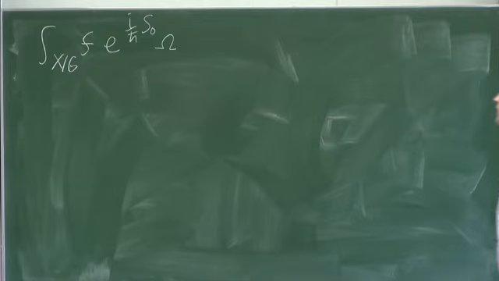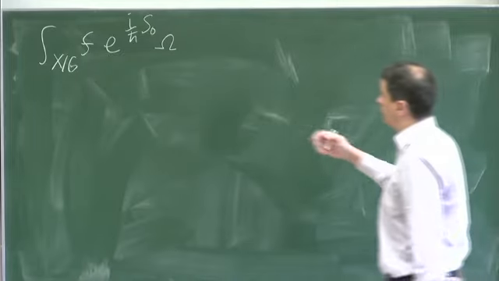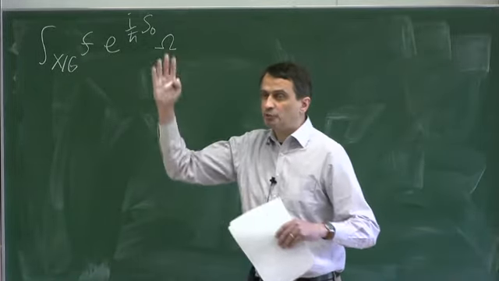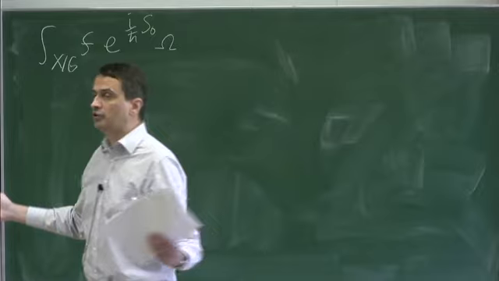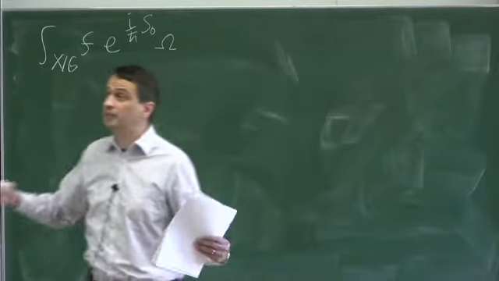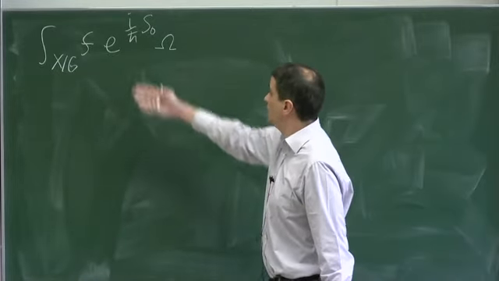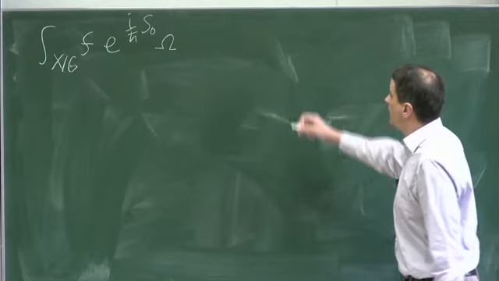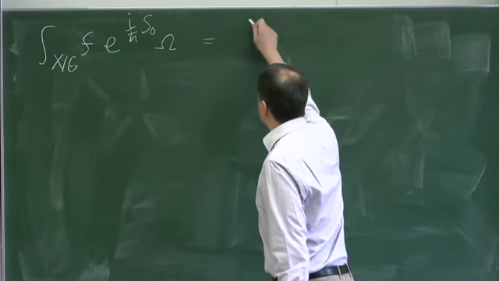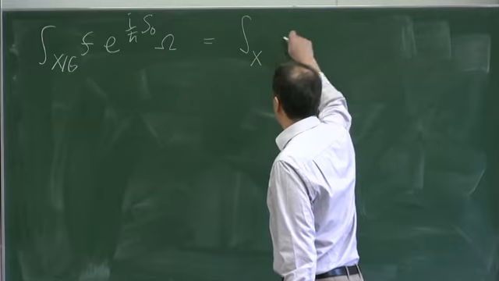So Faddeev and Popov considered this case in the case of gauge theory. Now X is the space of all connections on space-time, on R4. They want to integrate over the quotient space, and express this as an integral over X of something.